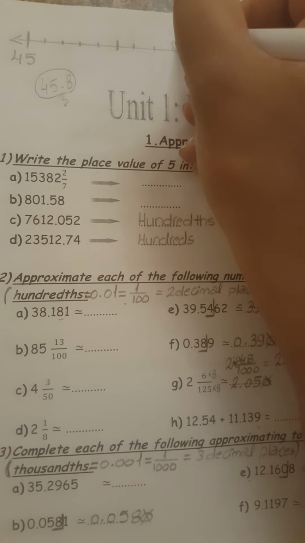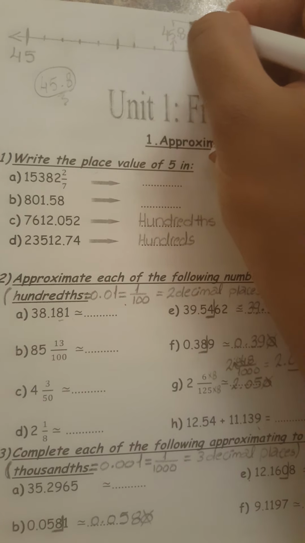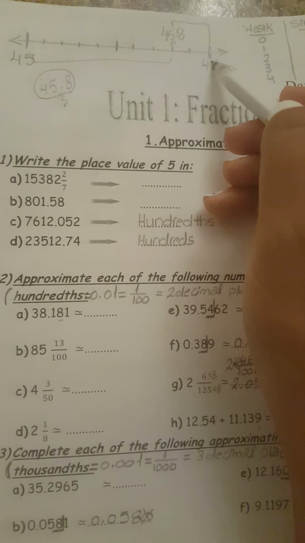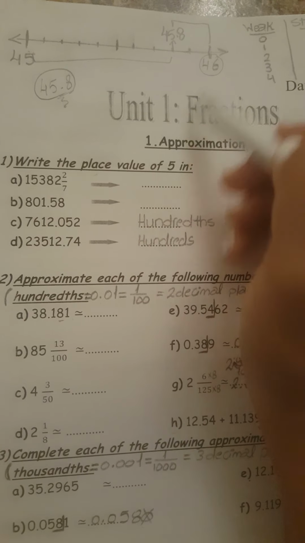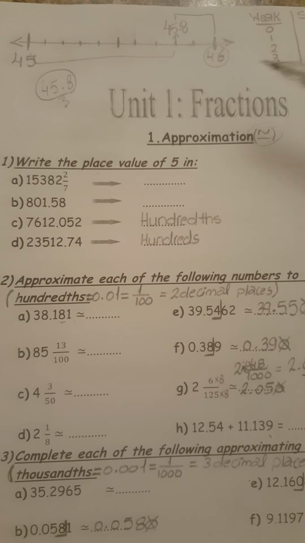So here is the 45.8. Is it closer to 45 or 46? 46. So instead of saying I bought it for 45.8, I will say I bought it for 46. Okay?